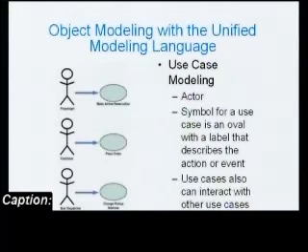A use case represents the steps in a specific business function. An external entity, known as an actor, initiates a use case by requesting the system to perform a function. In UML, a use case is represented by an oval with a label that describes the action, while an actor is represented by a stick figure with a label that identifies the actor's role.